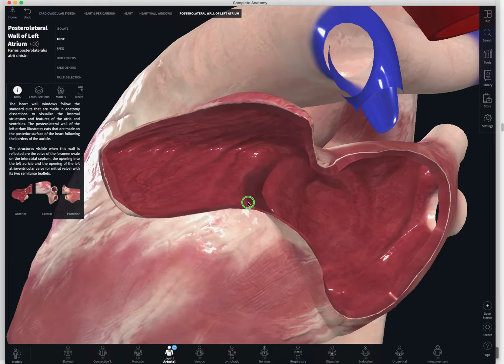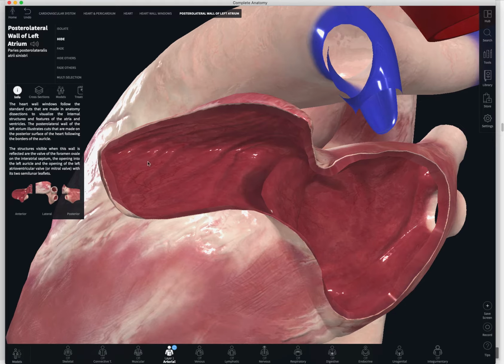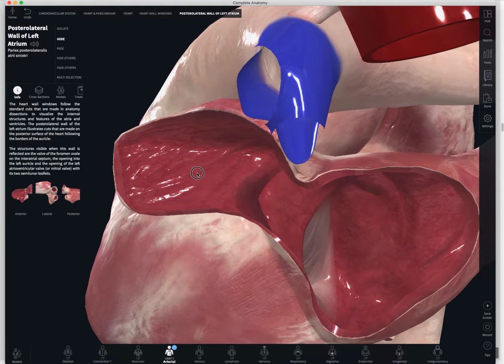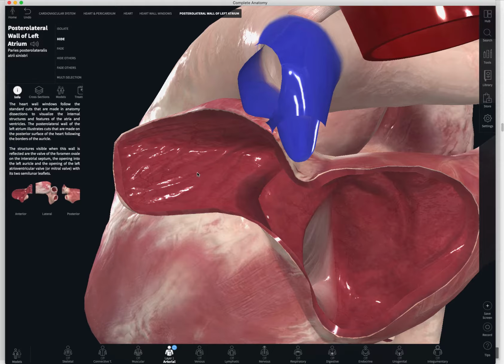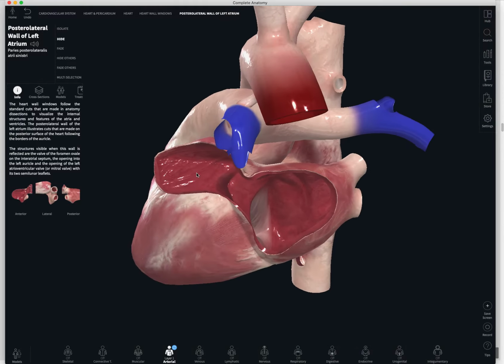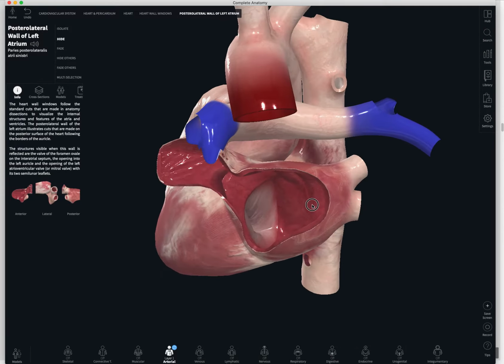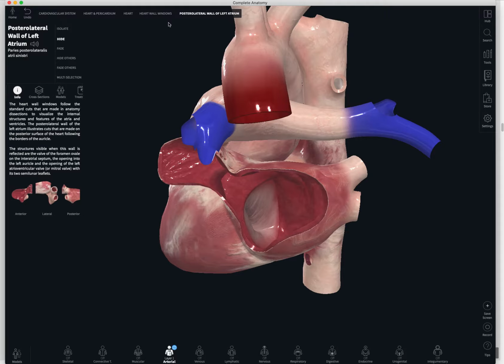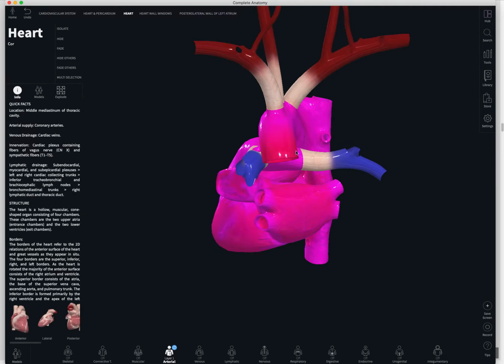Inside the left atrium, you'll notice that the pectinate muscle is also present, but here it's only present inside the left auricle. So the left atrium receives oxygenated blood from the lungs through the four pulmonary veins.